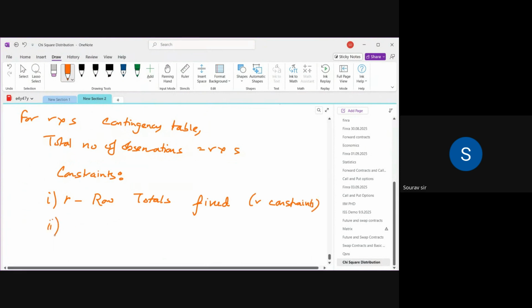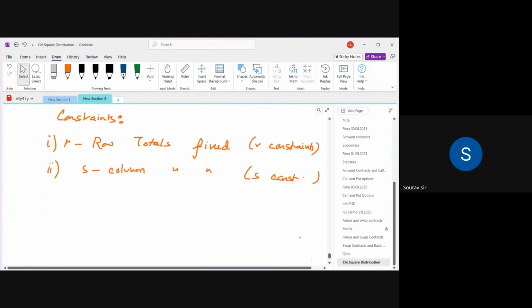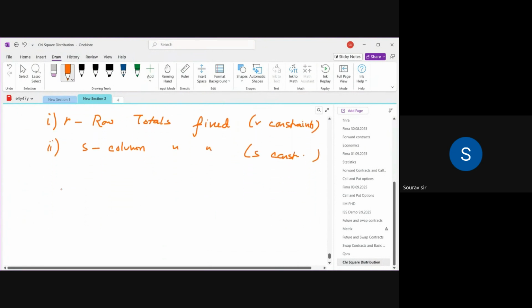And second is S: the column totals fixed, S constraints. But these R plus S constraints are not independent, but subject to the constraint that summation of i 1 to R of Ai is equal to summation of j 1 to S of Bj, which is n. So that is one constraint.